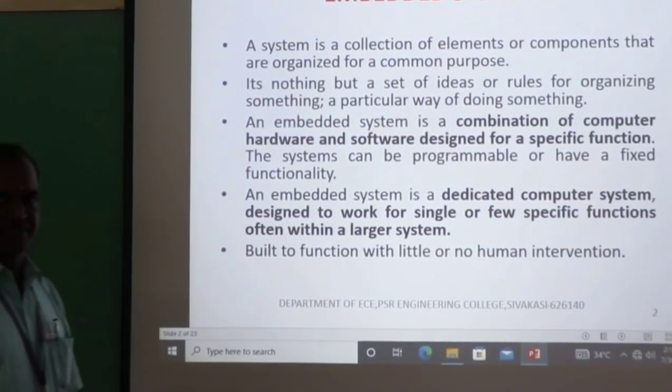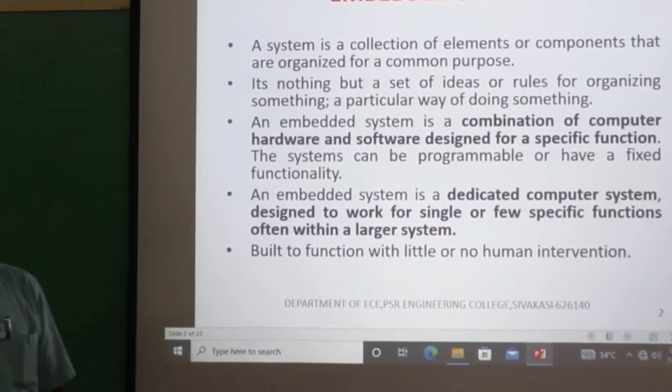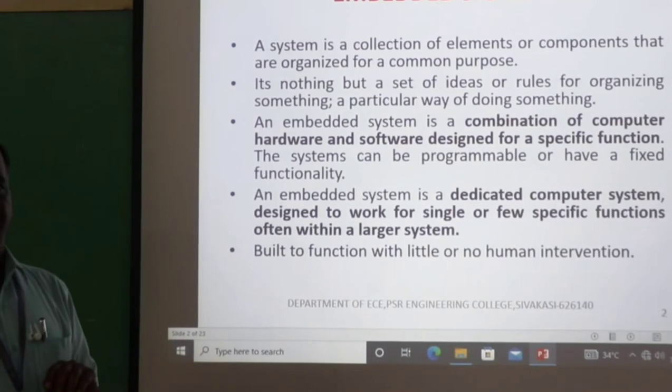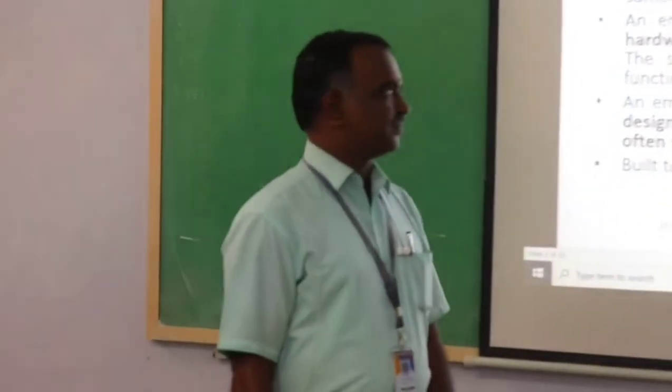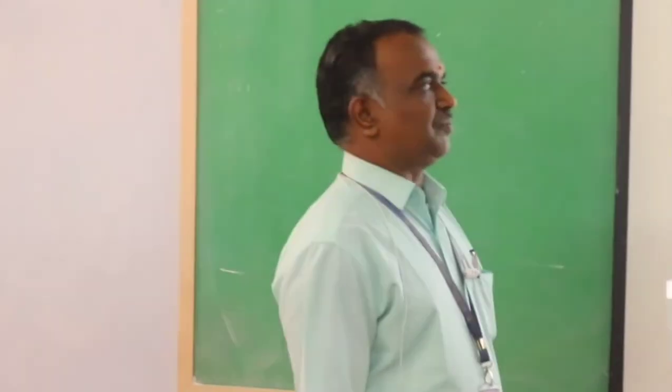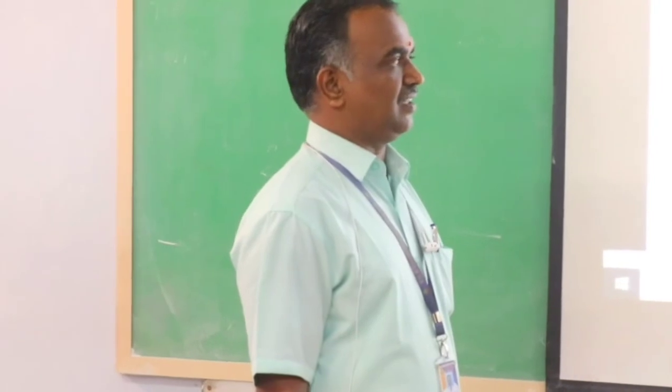Then embedded means you are going to give some software that is going to be embedded in a hardware. That is called an embedded system. It's a dedicated computer system designed to work for a single or a few specific functions.